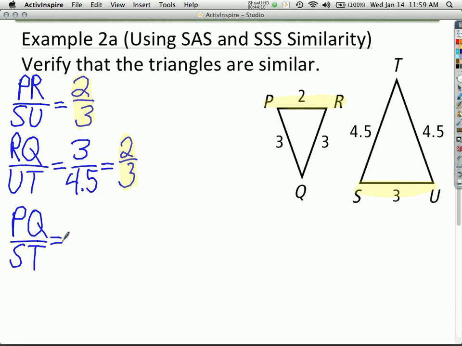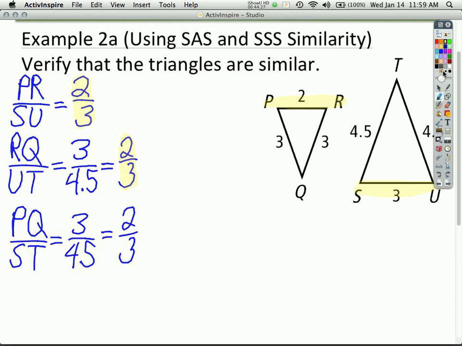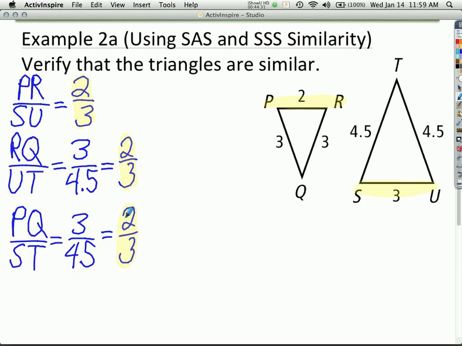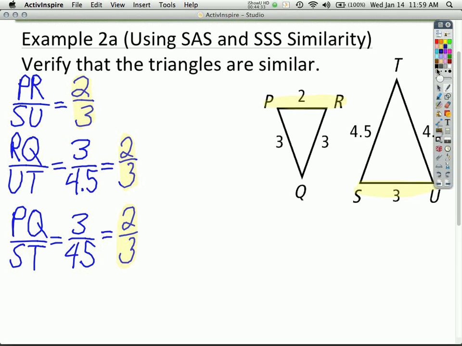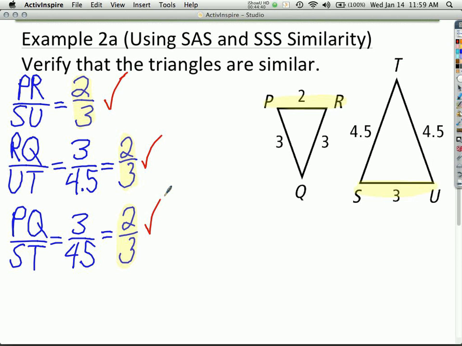And so we end up with the same ratio that we had a moment ago, 3 over 4.5. And you can see already that that's 2 over 3. And now we have our third piece of evidence. All 3 ratios are the same. 3 pieces of evidence are needed to say SSS similarity.